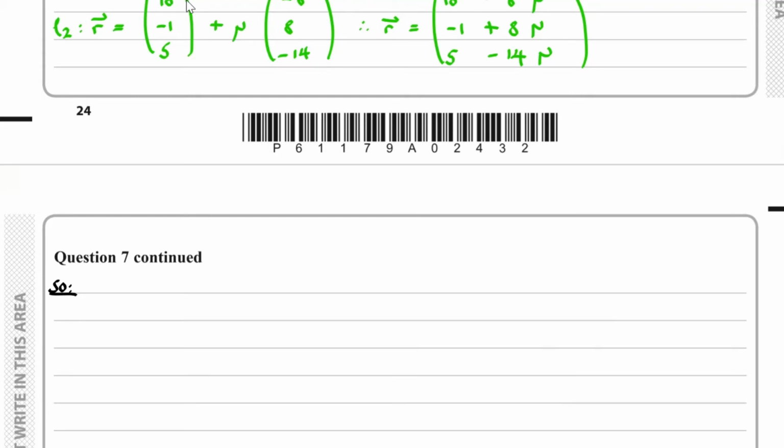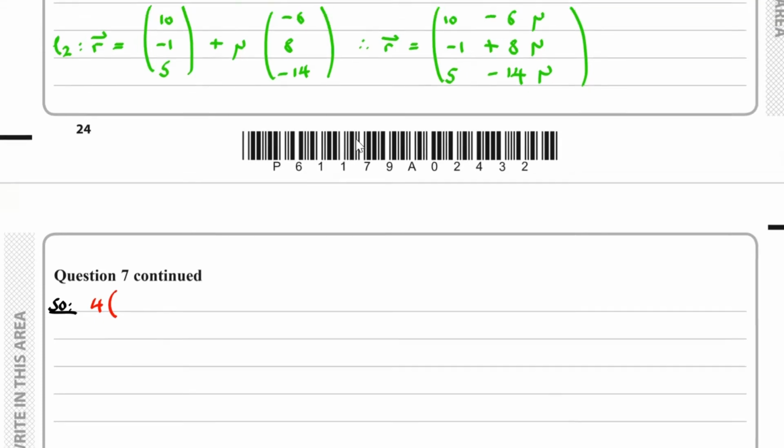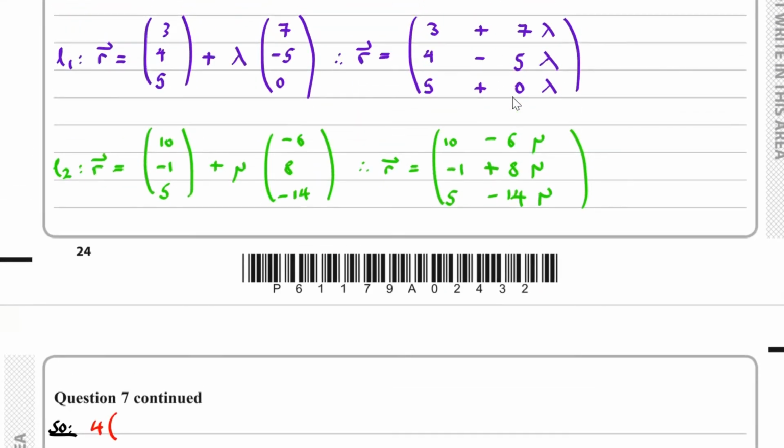we have 4 lots of this coordinate here of 3 plus 7 lambda, so that's the x coordinate, and then we have minus 8 lots of something, and then we have plus 5 lots of something equals 2.